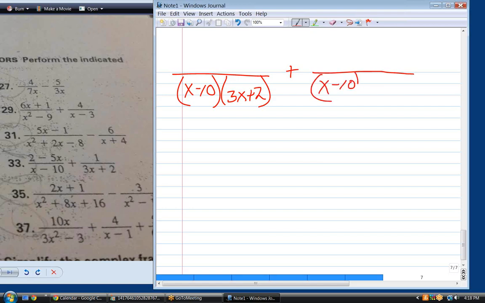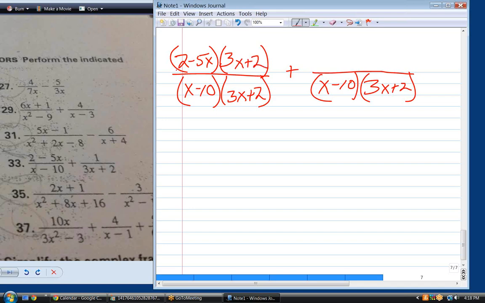But if your two factors don't share anything in common, like these two, then it's just the straight product. Okay, what goes on the top left? So, 3x, and then 3x plus 2. This is actually a better way of writing it, I think.